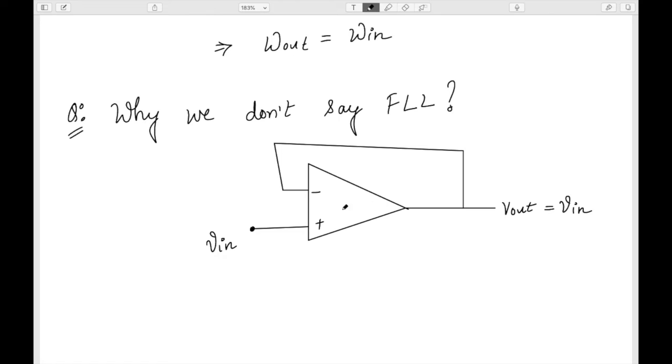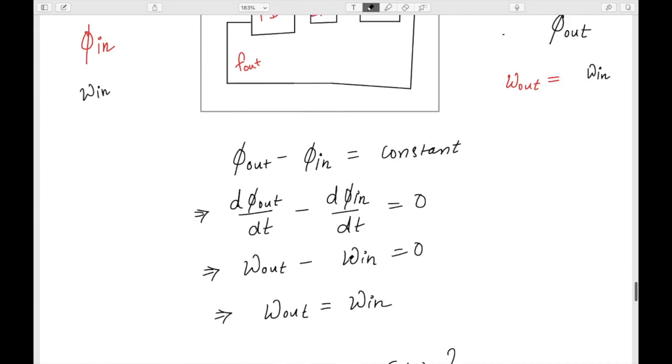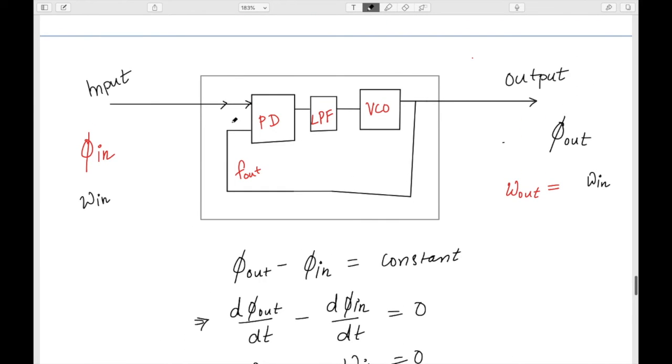Because of device variations, there will be an offset, and we can only say that V out is approximately equal to V in. There may be a few millivolts of offset, but this is acceptable in the case of voltage. But in the case of frequency, if we compare frequencies and there is an offset, because of device problems, a difference in the comparison, that is going to give an error, and that is going to make the whole system erroneous.